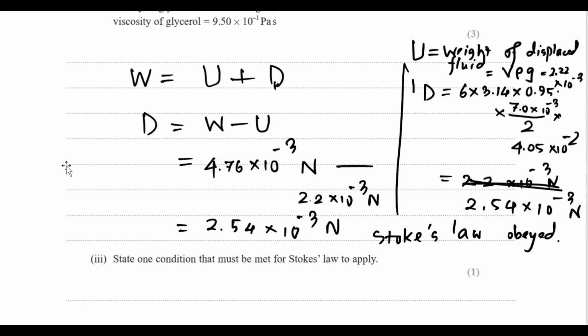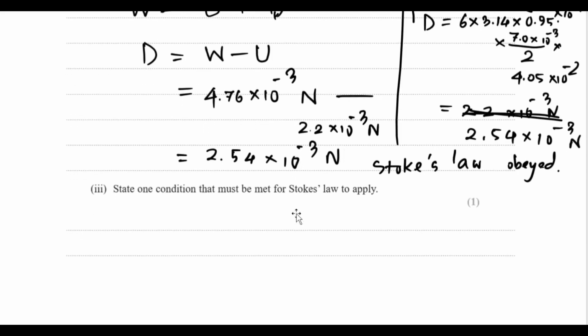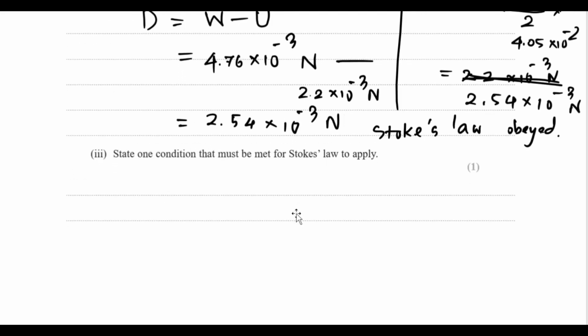State one condition that must be met for Stokes law to apply. So Stokes law is only applicable when the liquid is in laminar flow. What is the meaning of laminar flow?